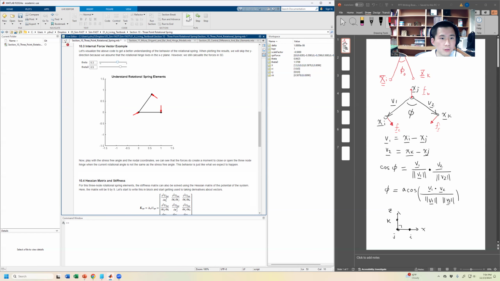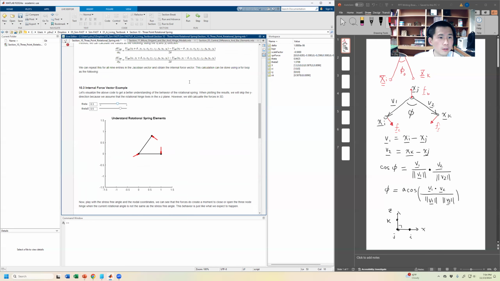All right. So let's say I now create this right angle in here, but my stress-free angle is 0.5 pi, which is basically at the right angle. These new forces now will try to open up this angle so that I get back to the 90-degree location.